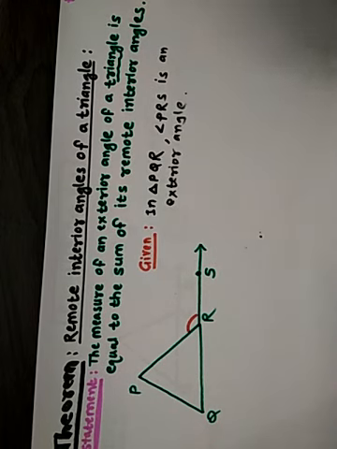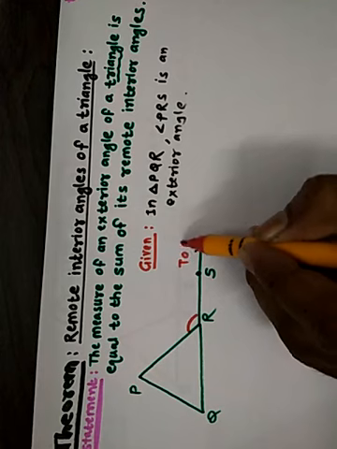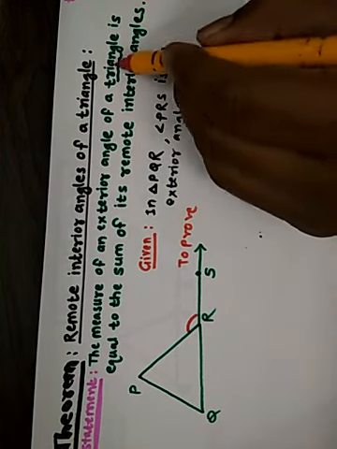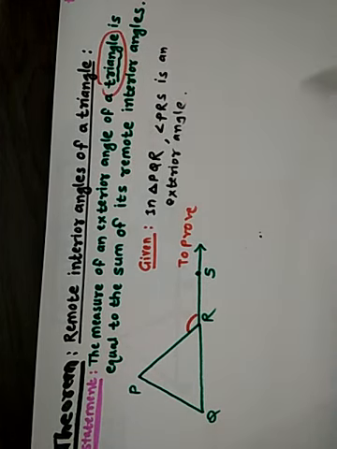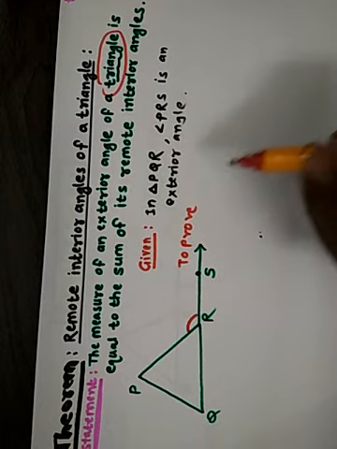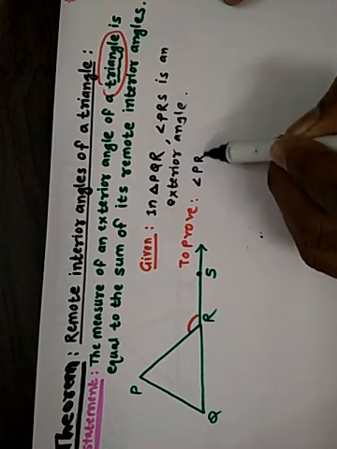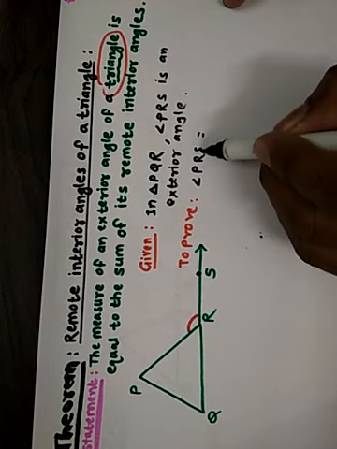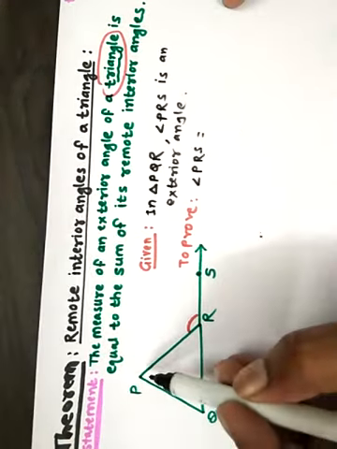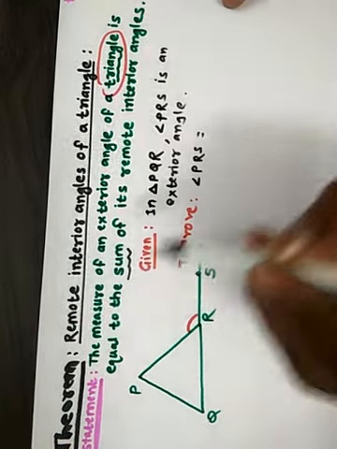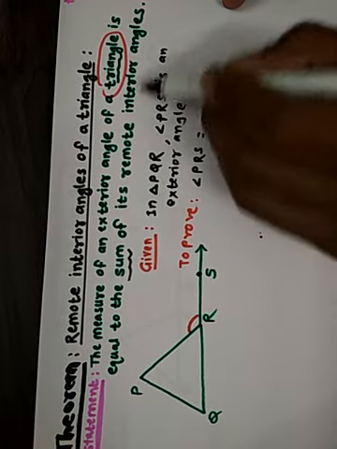And what is our aim? To prove that, triangle is given. What is our aim? Measure of this exterior angle, angle PRS, is equal to the sum, the addition, of the remote interior angles.